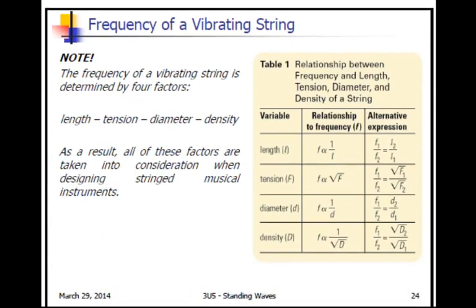If we have a vibrating string, we're getting back to music here and sound. There are standing waves, but there are also different parameters we can adjust to make different sounds. The frequency is determined by 4 factors: the length, tension, diameter, and density of the string.